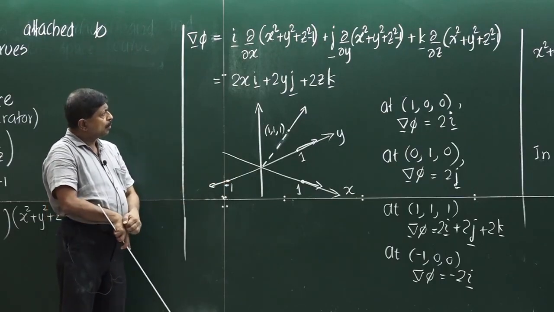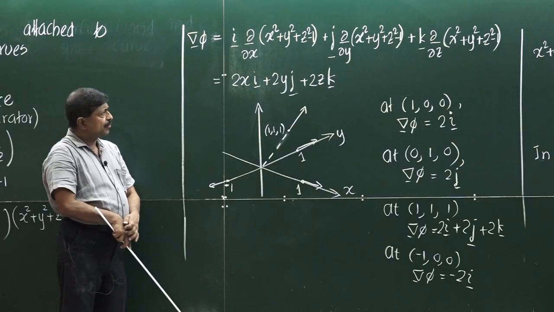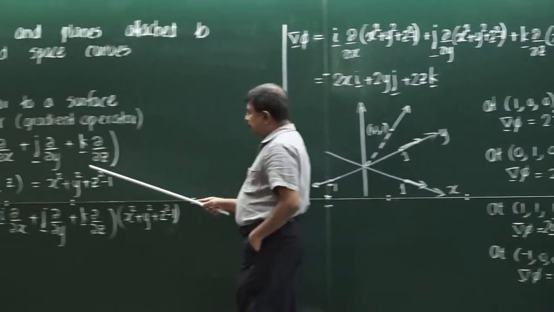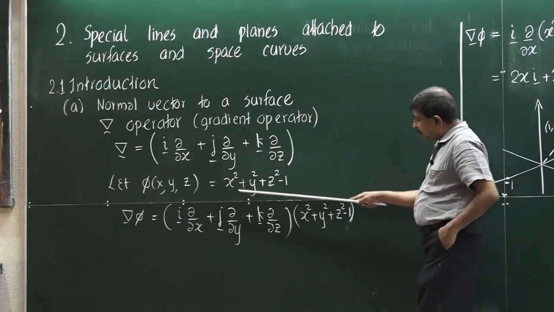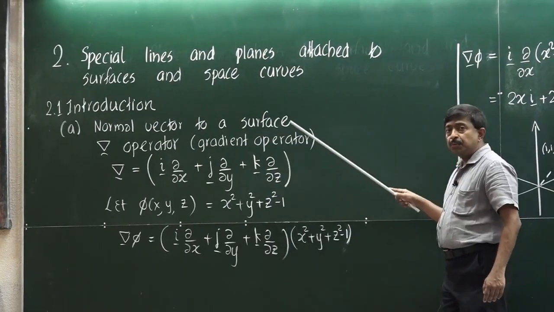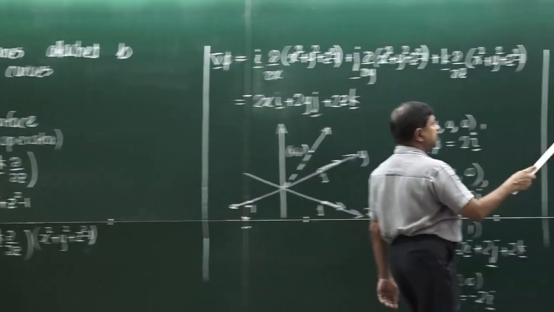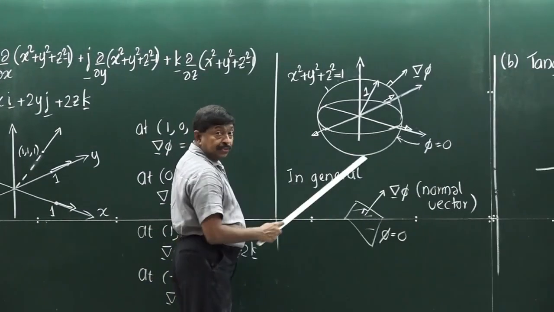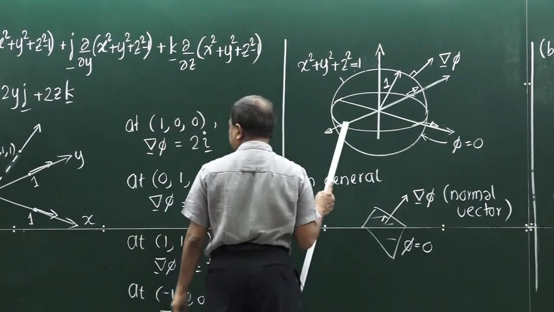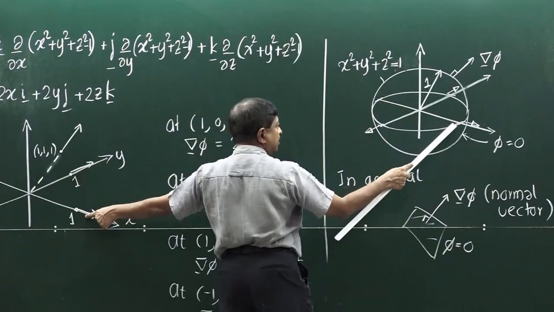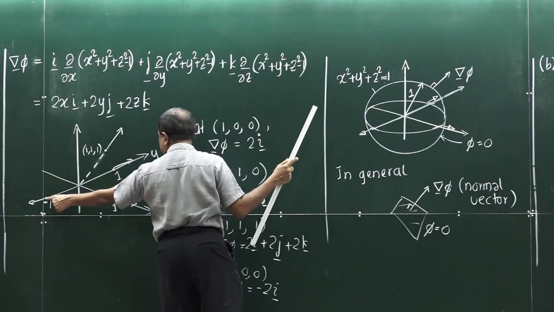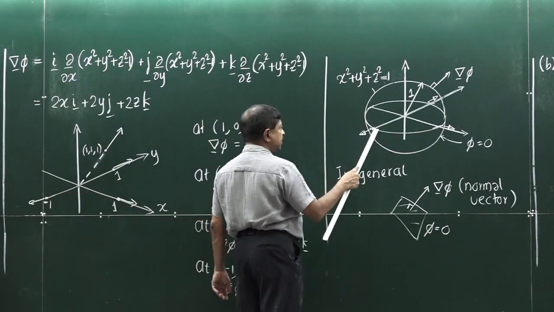So, how can you relate this to this function phi? Now, let us sketch phi equal to 0. When this is equal to 0, you get x squared plus y squared plus z squared equal to 1. So, you get this sphere, the unit sphere centered at the origin. Now, if you mark these vectors, for example, the vector at minus 1 0 0 is at this point.